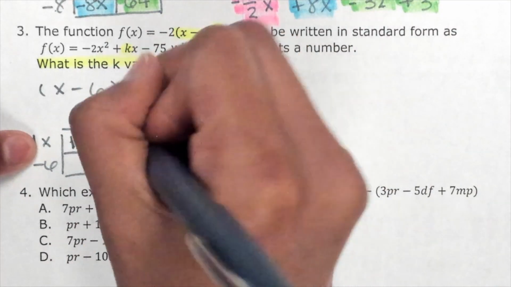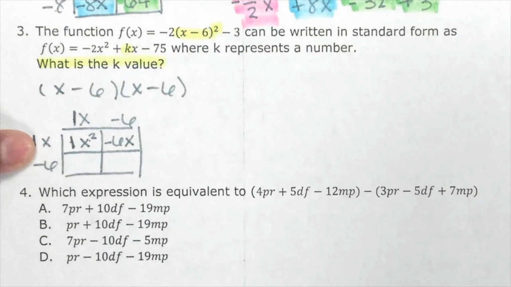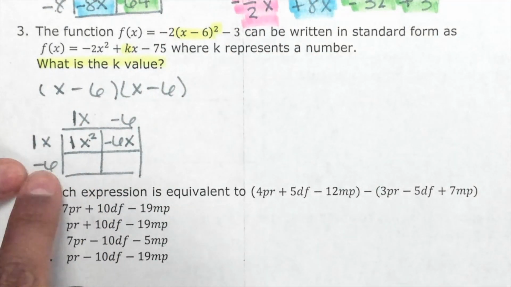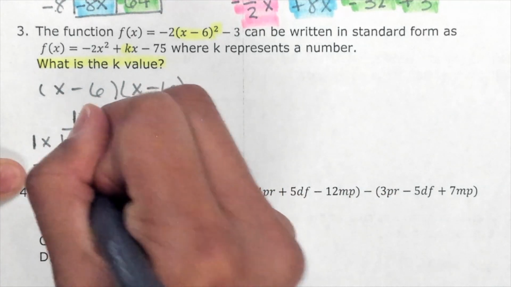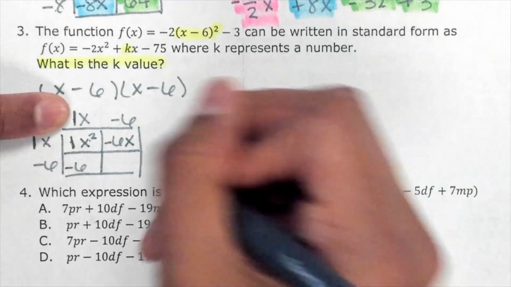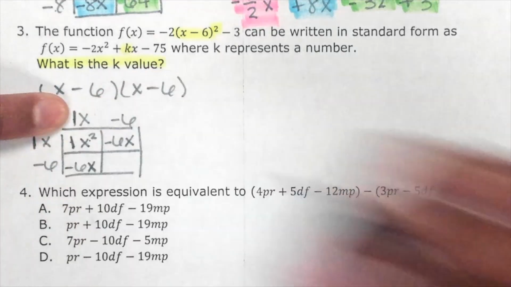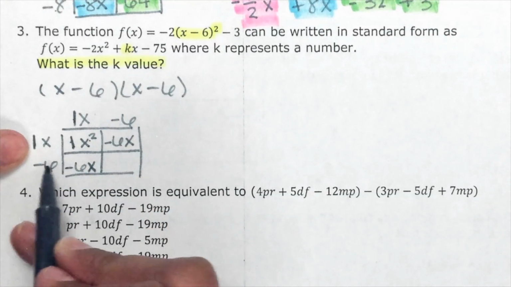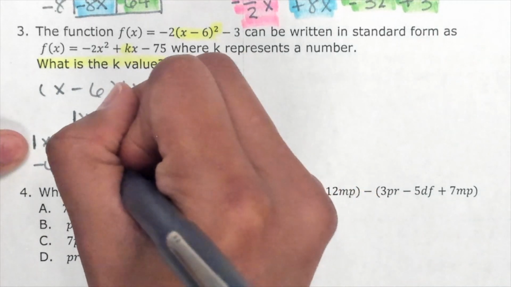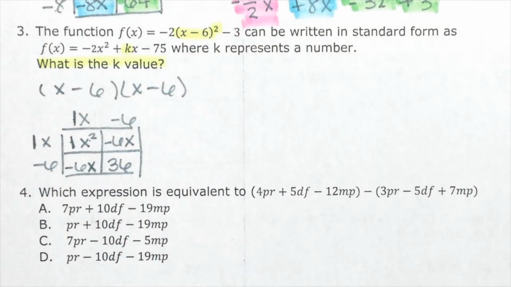And don't forget to bring that x with you here. Moving at the bottom, negative 6 times 1 is negative 6. And we're going to bring that x with us. Last box, negative 6 times negative 6 is a positive 36.